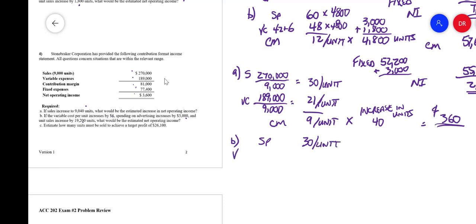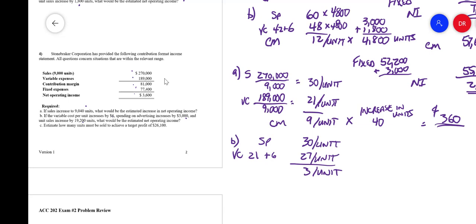We're going to have a variable cost per unit that starts with 21, but we're going to add 6 to it. So we have $27 per unit. Okay. We have a contribution margin of $3 a unit.